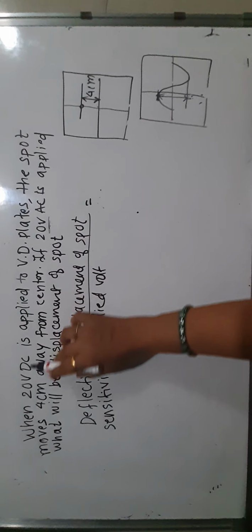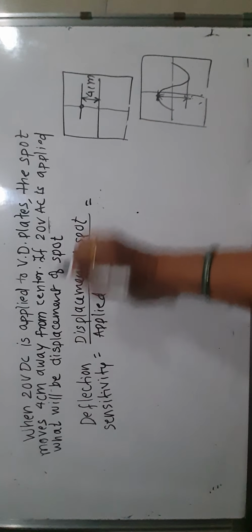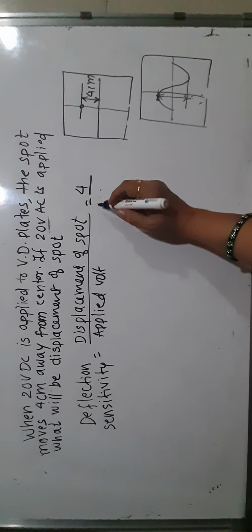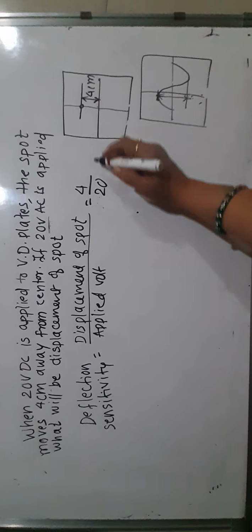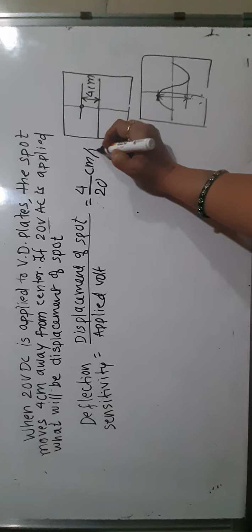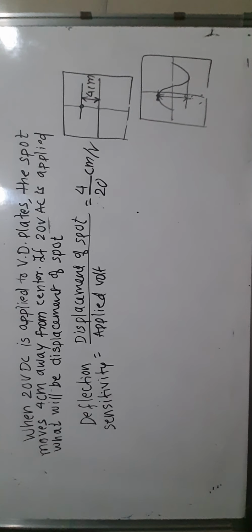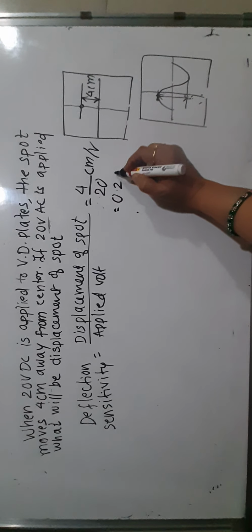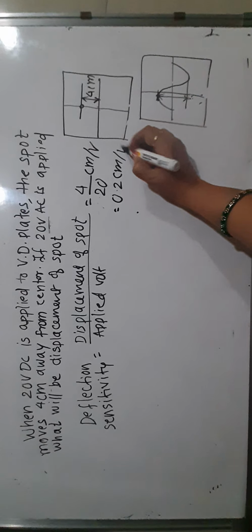So what is the displacement of the spot? It is 4 cm. The applied voltage is 20 volt. 4 by 20 cm per volt. Either you calculate the ratio or keep it as it is, no problem. Okay, so if we calculate, it becomes 0.2 cm per volt.